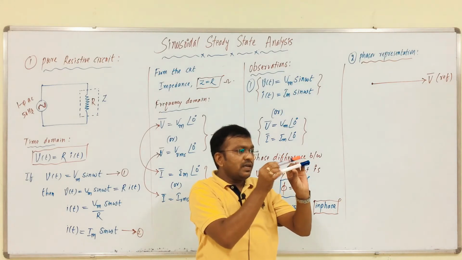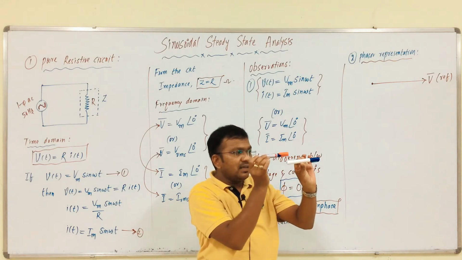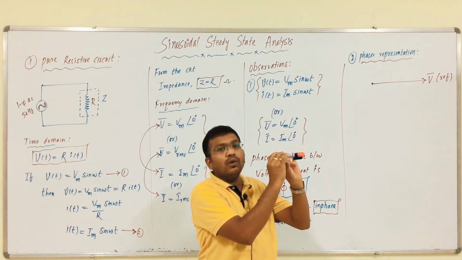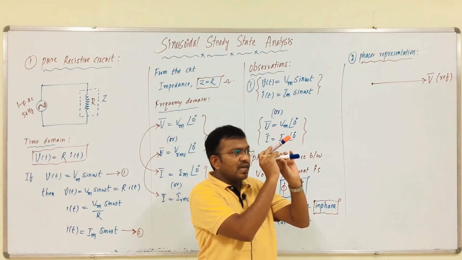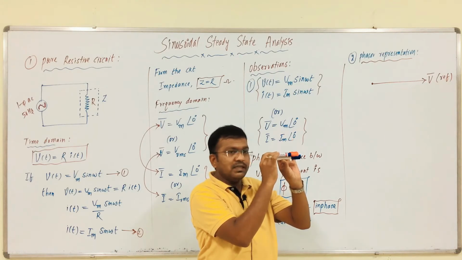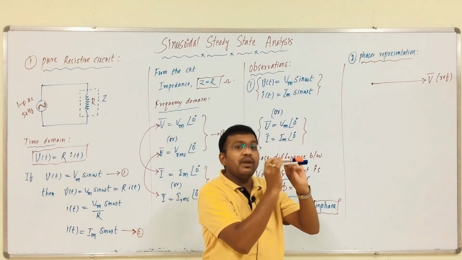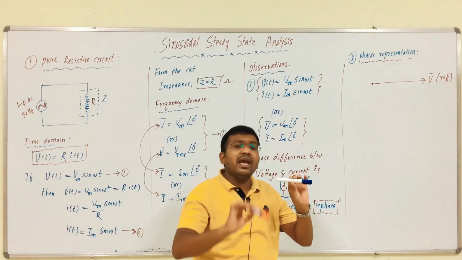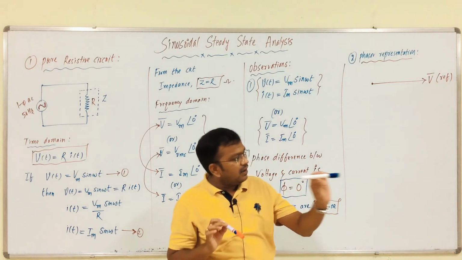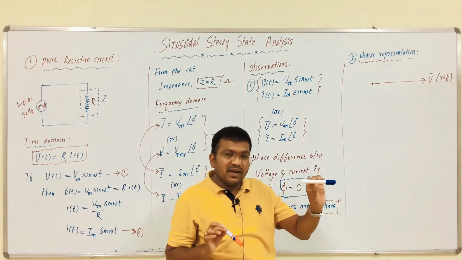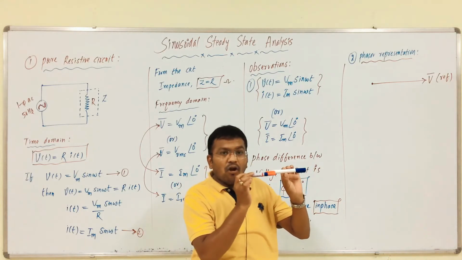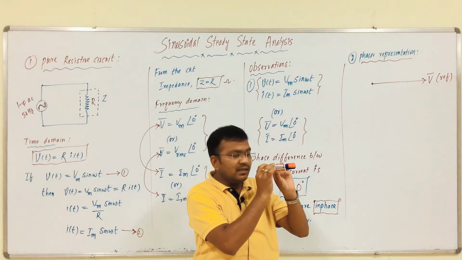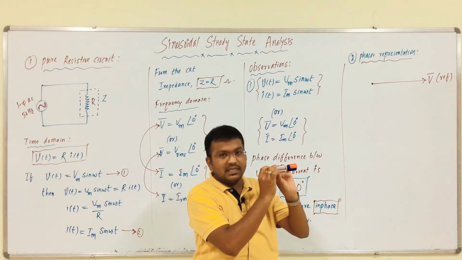So the current phasor should be along with this voltage phasor only. Means there is no phase angle between these two, 0 means that is why both are in phase. This is said to be in phase. If there is no phase displacement between any two phasors, if we draw any phasor as reference, then the second phasor should be drawn along the reference axis, then it is said to be in phase.